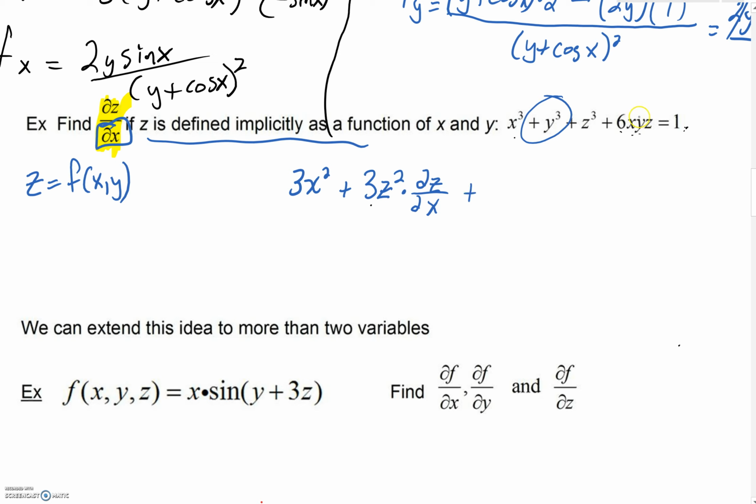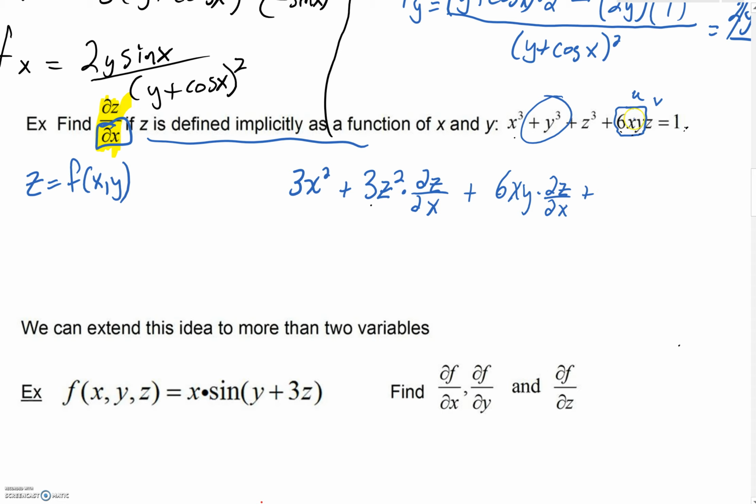Now, as we're looking at this, we can see that we've got a 6xy and then a z. z is a function of x and y as well. So we need to use the product rule. We'll take your u, which is 6xy, times the derivative of z with respect to x, that's a partial derivative of z with respect to x, that's your u v prime.